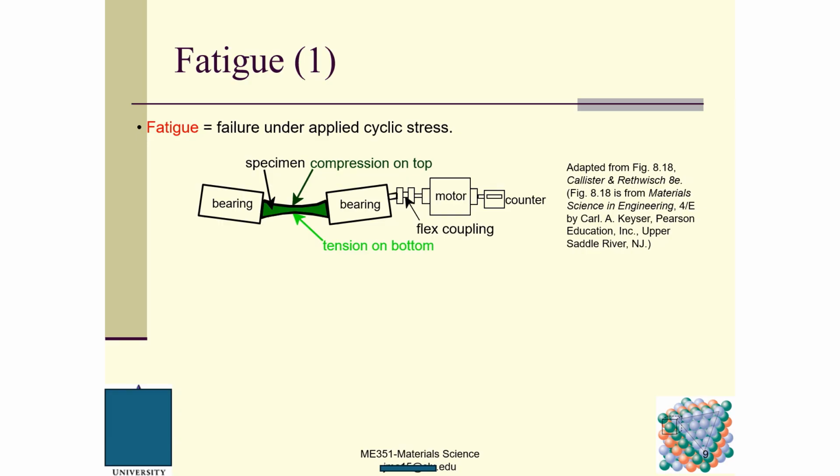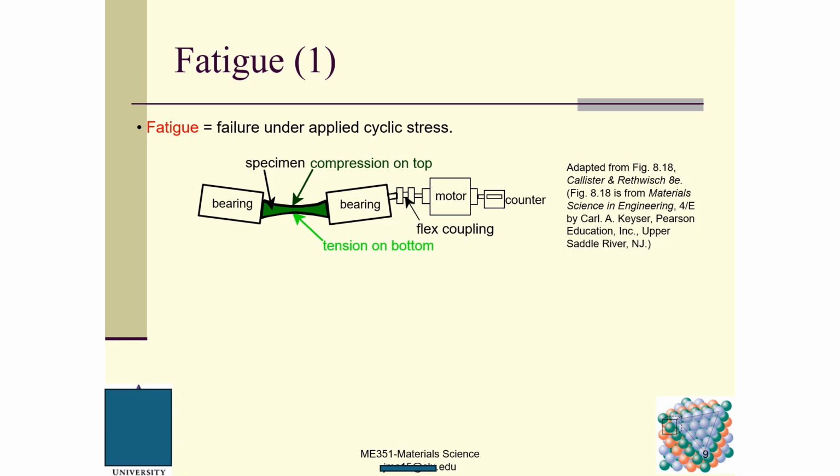So this fatigue, we know fatigue, right? In last class we talked about crack propagation. Fatigue means that you apply the load back and forth, back and forth. For example, compressive, tensile, compressive, tensile.